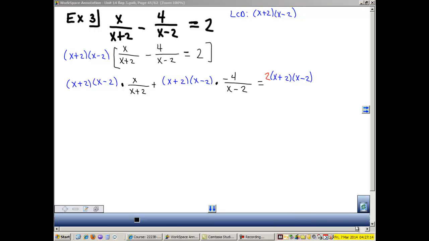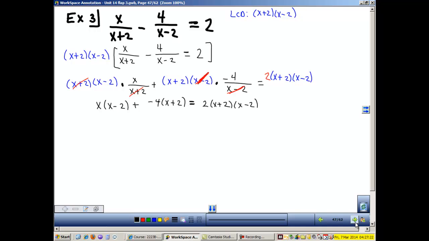In the first term, the x plus 2's reduce, leaving x times x minus 2. In the second term, x minus 2 reduces, leaving negative 4 times x plus 2. And on the right side, we have 2 times x plus 2 times x minus 2.